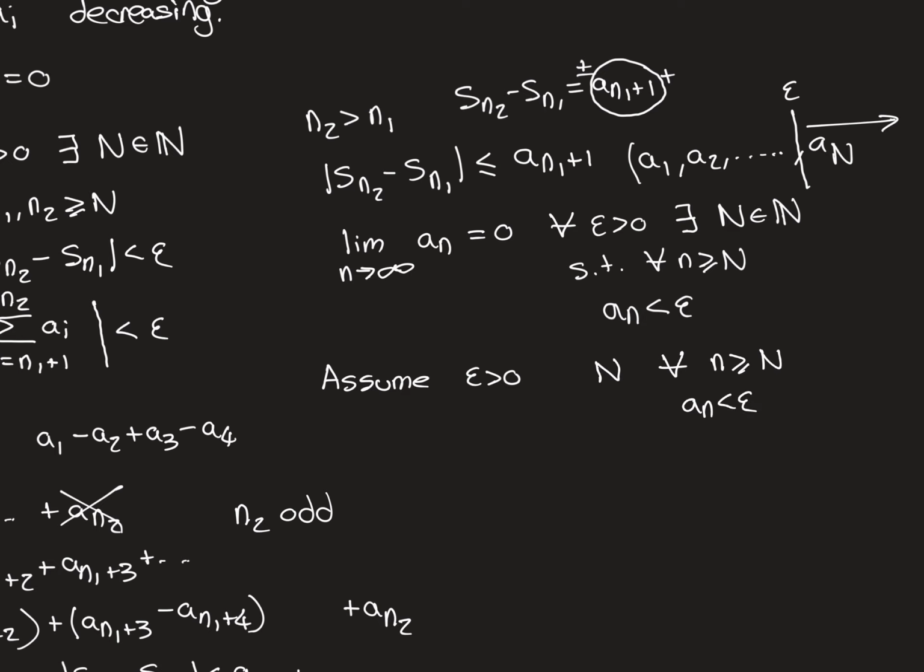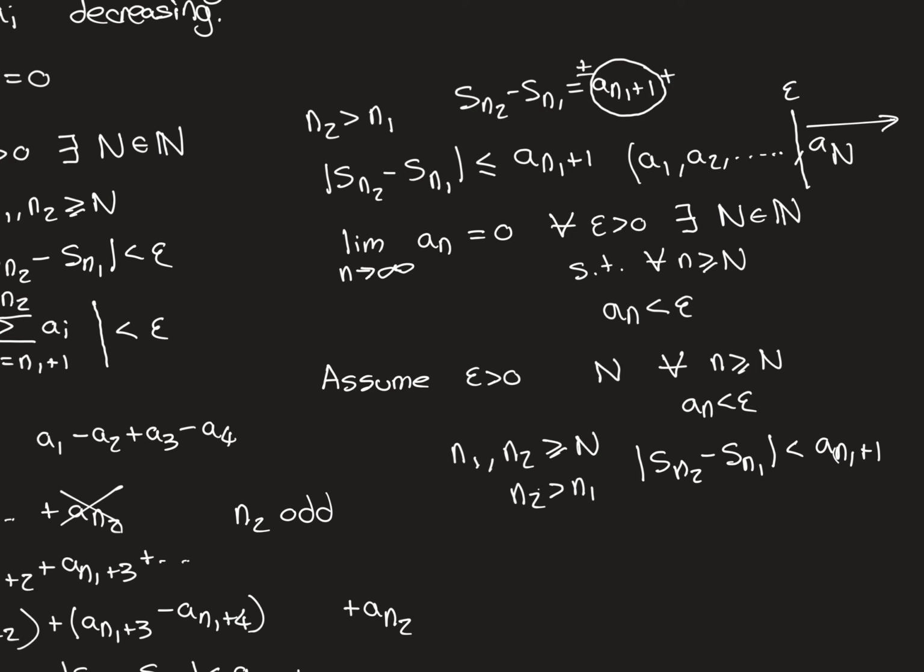Now, if you were to take an n1 and n2 that are greater than or equal to that big N, and we'll again assume that n2 is the bigger of the two, and you were to look at the difference between their partial sums, so Sn2 minus Sn1, that is going to be less than a_{n1+1}, that first term.